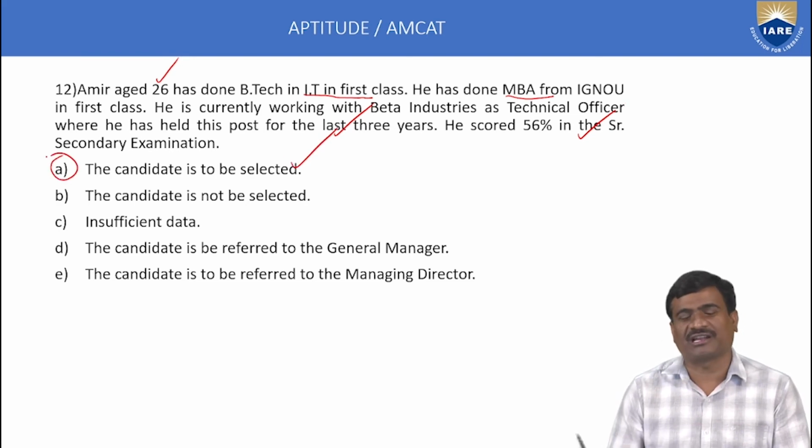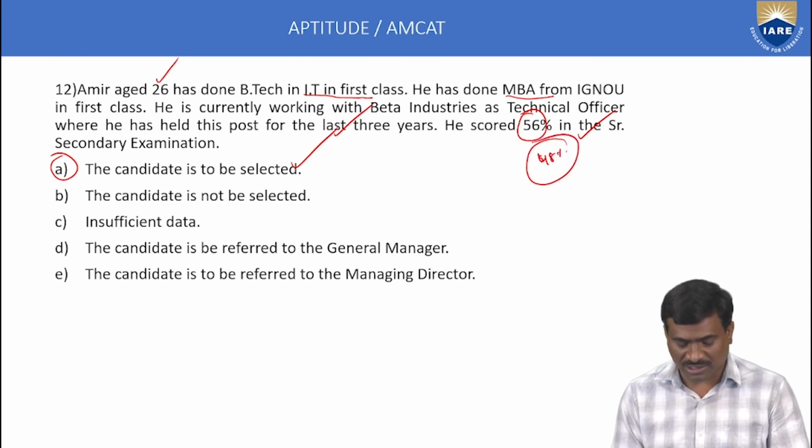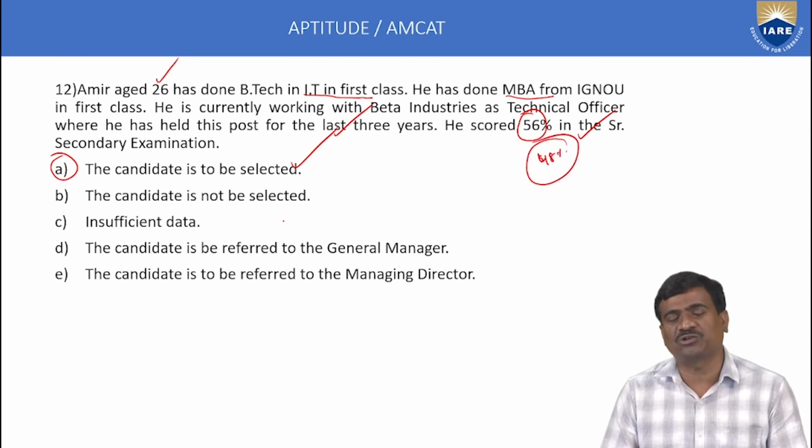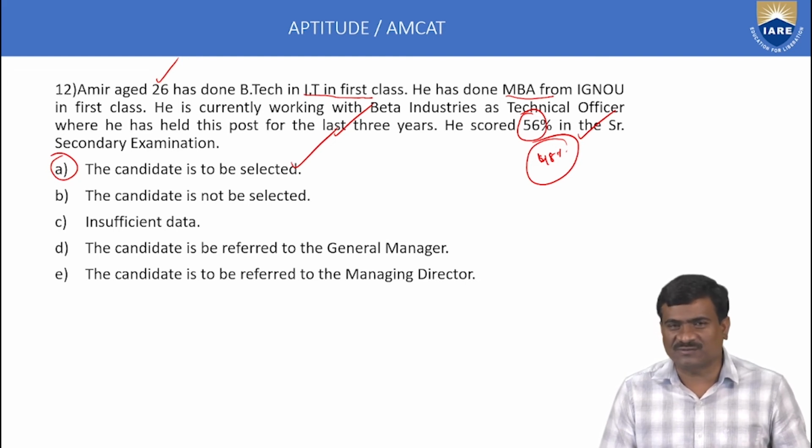Option A only correct. Suppose in this example the senior secondary percentage given is 48 percentage, then the answer is the candidate is not to be selected. Selected and not selected, the difference: all conditions satisfied. Age satisfied, BTech, MBA and experience, all conditions are satisfied.